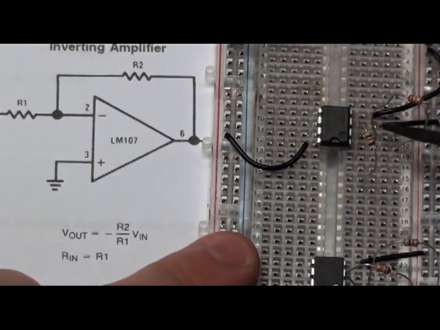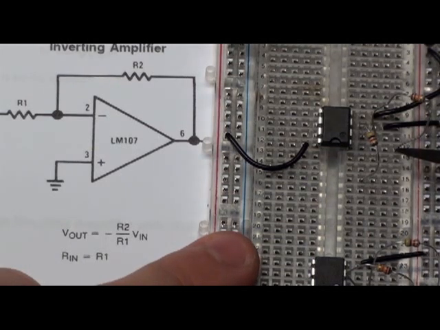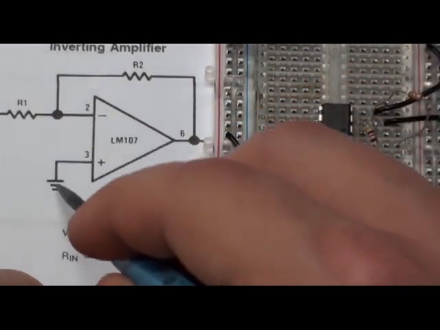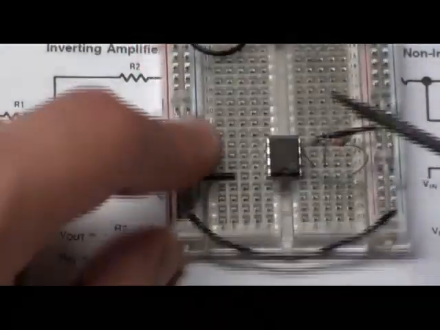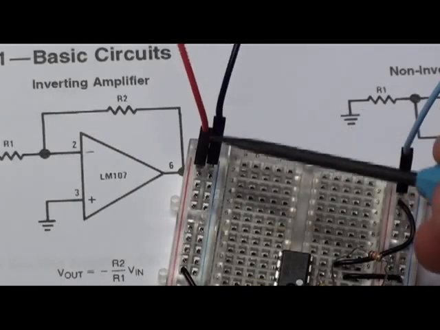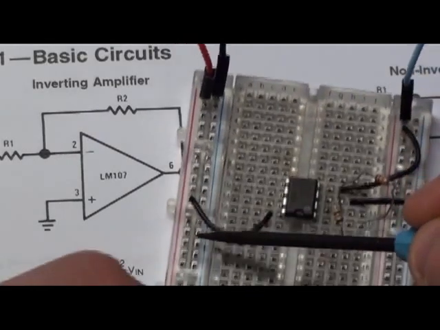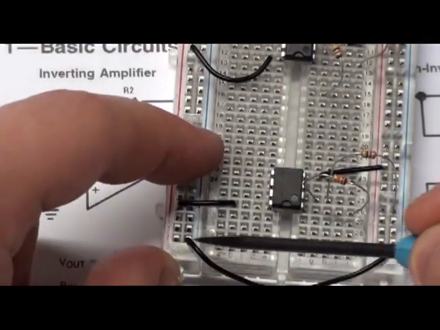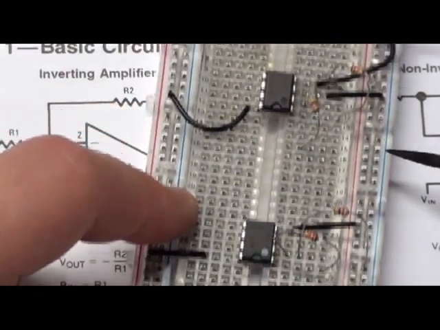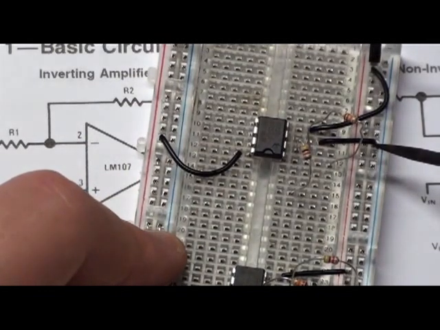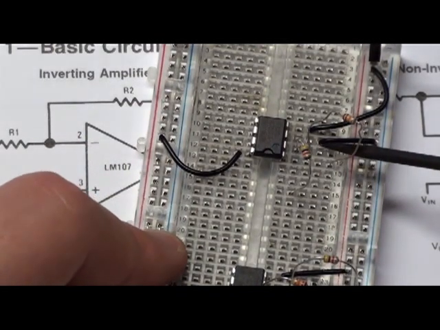So from pin 2 here, through this resistor, we're into pin 1. The other thing we have to do is connect this to ground. I've done that because our ground comes in here, goes down this blue row, through this wire into this blue row, then all the way back up into here, and this connects into pin 3.